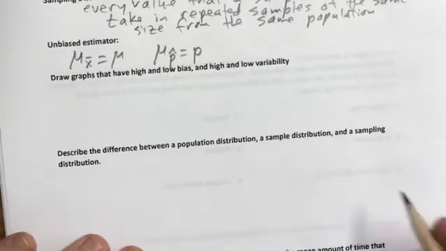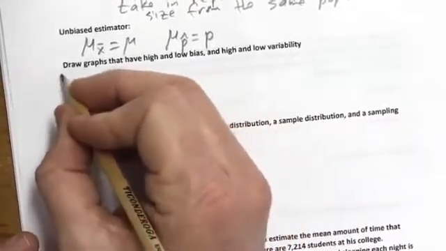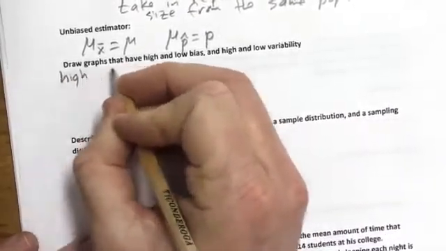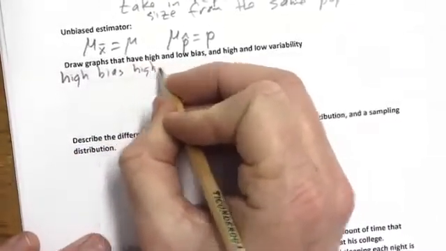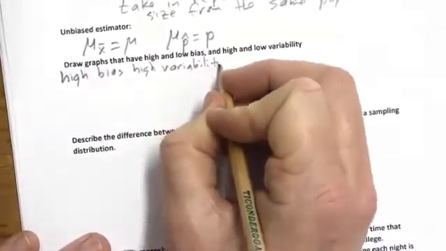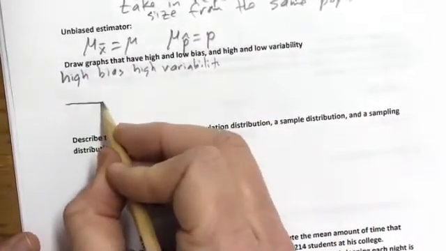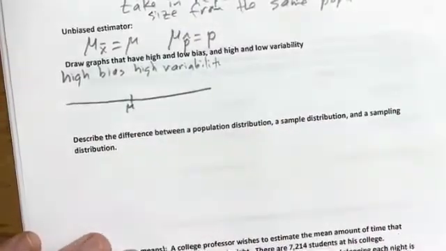All right, so let's draw these four graphs. If you have a sampling distribution that has high bias and high variability, what does that look like? And I'll do it with means. So here's my mu, like that.